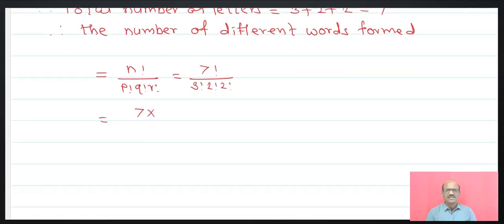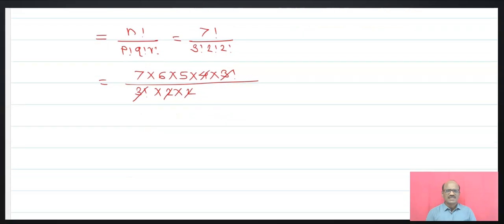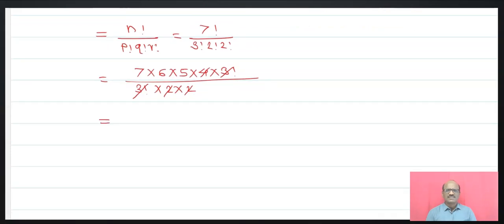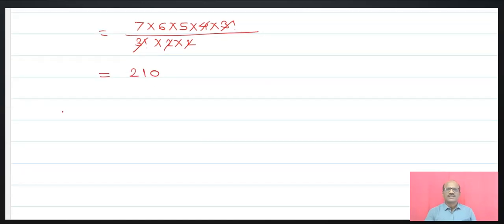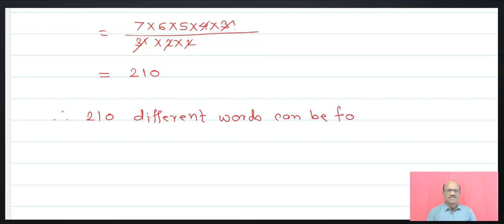In this way, that is 7 into 6 into 5 into 4 into 3 factorial divided by 3 factorial into 2 factorial. These two get cancelled and you will get their multiplication. That is 210 different words we can form by using the given condition.